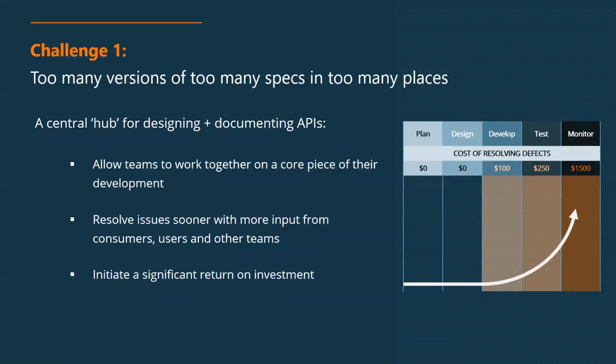But if we want to address the challenges that we mentioned previously, the first one was having too many versions of too many definitions in too many areas. Within SwaggerHub, we have one platform, and you're able to store your API definitions within here.